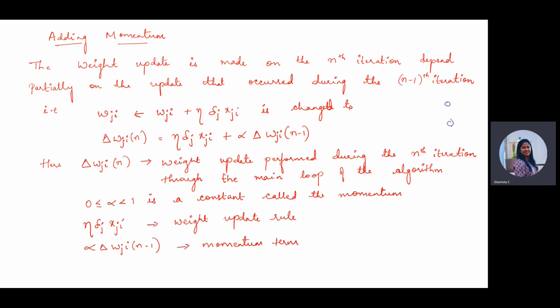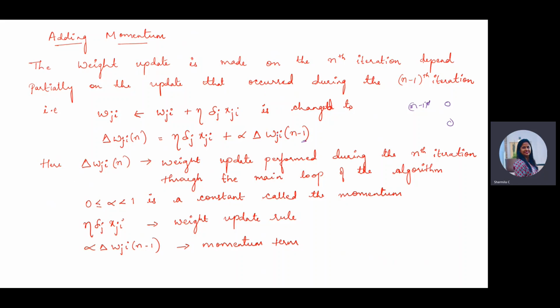So here Wji is updated: the new weight is the old weight plus the learning rate times the error term times the input, which is delta Wji of n. It equals this same term plus one more term, alpha times delta Wji of n-1. That is, the update on the nth iteration depends partially on the update that occurred during the n-1 iteration.